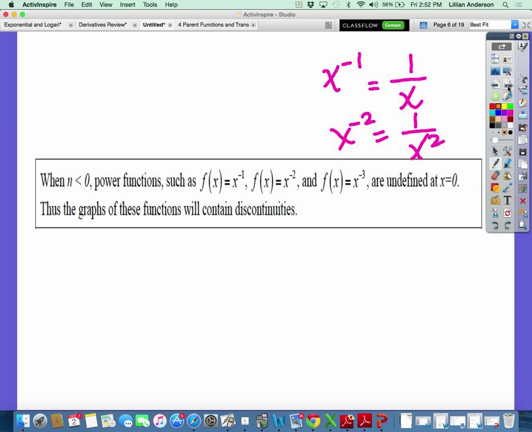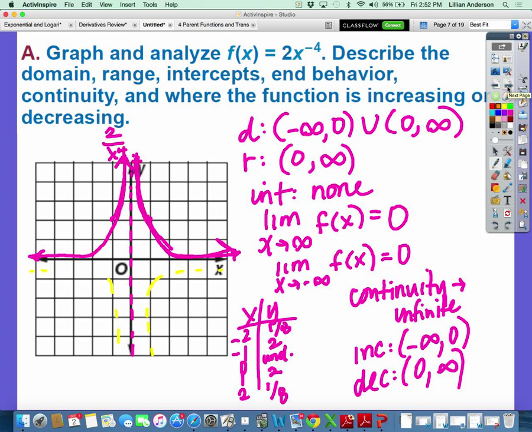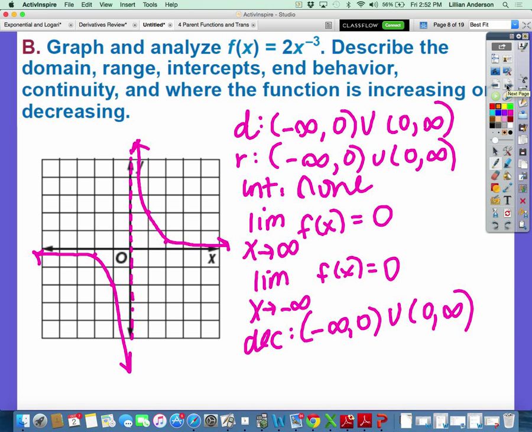It's continuous the entire time, except when your power is negative. Then you're going to have some asymptotes. And remember, if it is even and negative, it's going to look like this. When it's odd and negative, it's going to look like your classic reciprocal function, still with that discontinuity there.